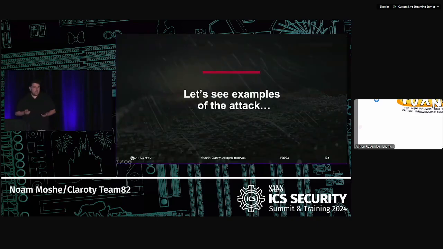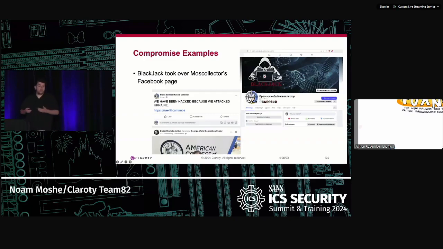And in this attack, which was so crazy, the attacking group attacked Moscollector, which is a company used by Russia to control most of their critical infrastructure, switch systems, and everything in all of the big cities in Russia, including Moscow specifically. In this attack, Blackjack actually took control over Moscollector's social media.